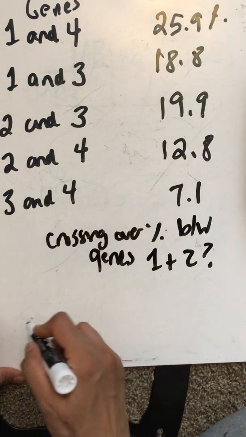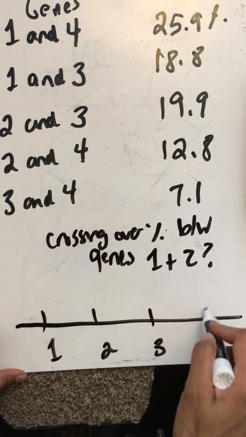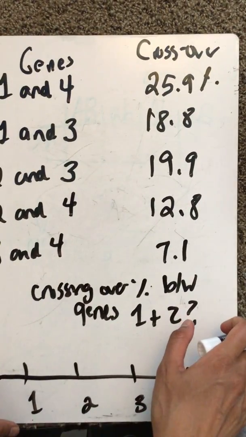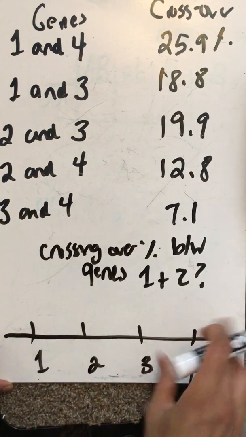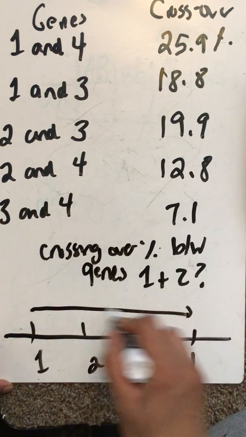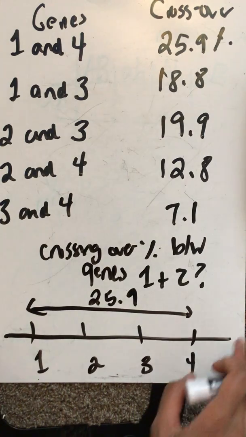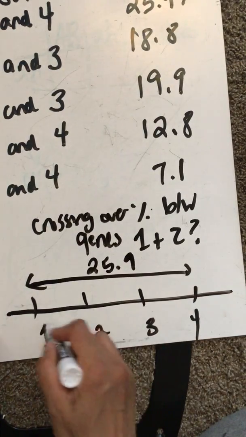So they're giving you all this information. You know that you have 4 genes, 1, 2, 3, 4. And they're telling you that genes 1 and 4 are 25.9 map units. They're saying that genes 1 and 3 are 18.8.